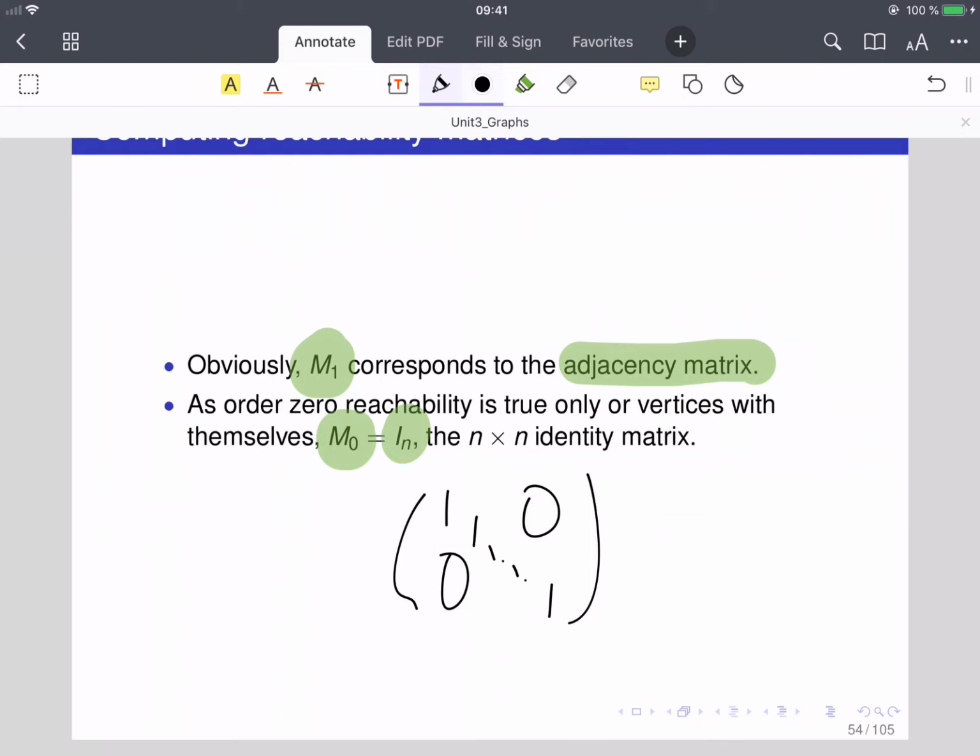So a vertex is reachable from itself with a path of length 0, and you cannot reach any other vertex with a path of length 0. So the zero reachability matrix is the identity matrix, ones on the diagonal and 0 everywhere else.